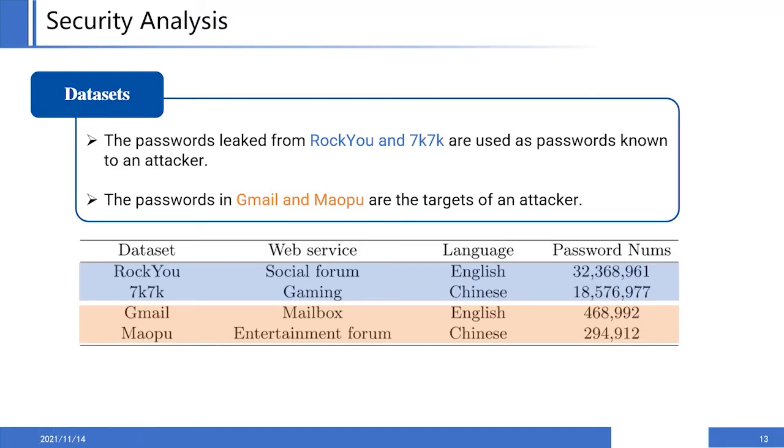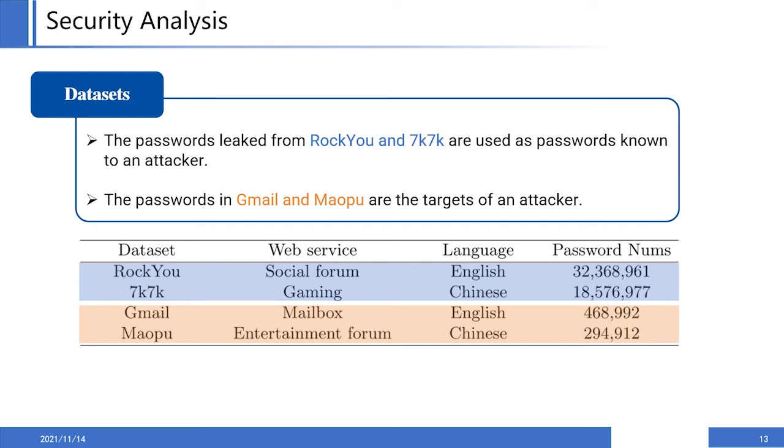In order to test the security of the proposed method, we use 4 datasets to simulate the real-world Honeywords generation and the attack process of an attacker. The passwords leaked from RockYou and CSDN are used as the passwords known to an attacker, and the passwords in Gmail and Maopu are the targets of an attacker.